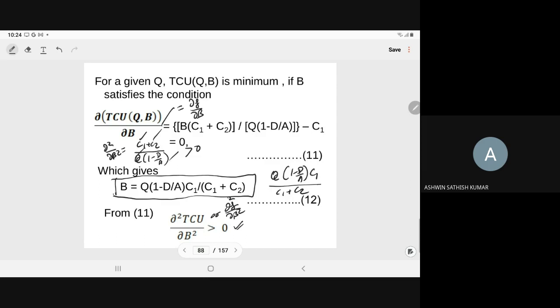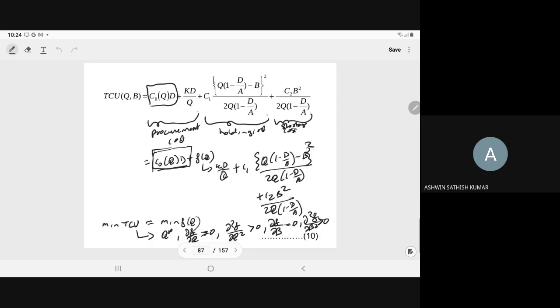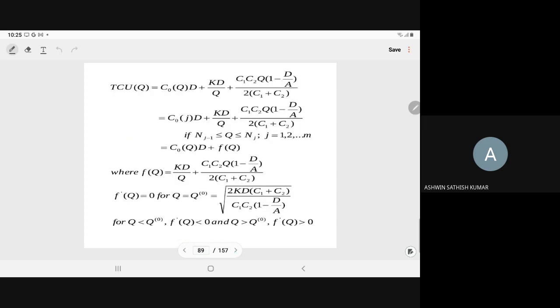So when we have the optimum value of B and we put that value of B at this place, TCU is now a function of Q only, since you have put the value of B in terms of Q. Here you have TCU of Q as C naught Q into D plus KD upon Q plus C1 C2 Q into 1 minus D upon A upon 2 into C1 plus C2.